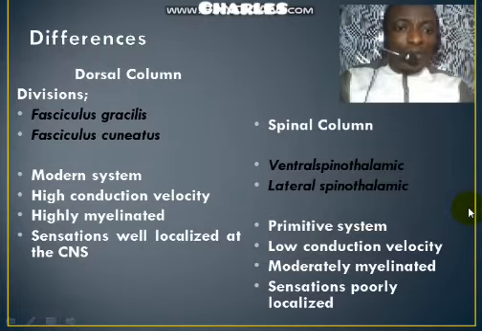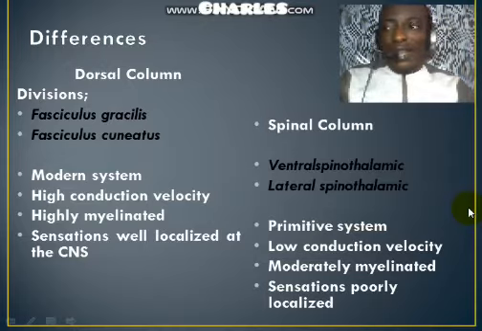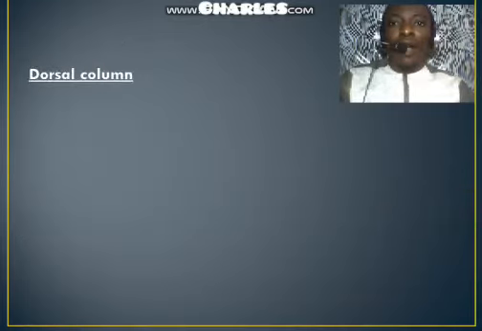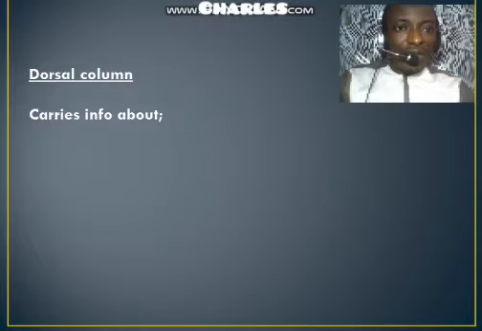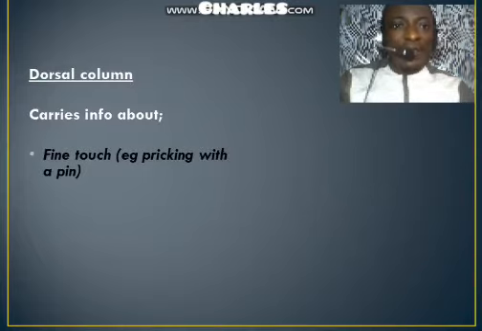Now, sensations carried by this system are poorly localized. It means that you are not able to pinpoint where you are having that feeling or that sensation or that pain. Alright, so they are poorly localized. Good. Going forward, the dorsal column lemniscal system carries sensory information for fine touch.